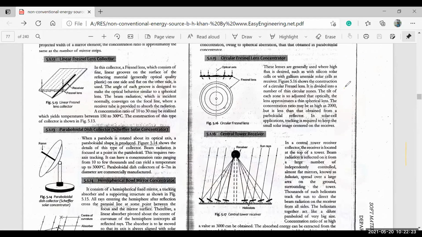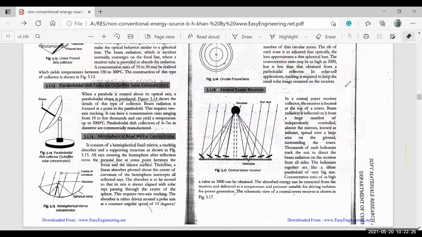The central tower receiver I had already told. The reflectors or mirrors are placed and angled at one particular point, that is meant at the tower. That is your receiver. Or you could understand it in this manner: you have a water tank over here, of a metal body, and these are the solar constructions.